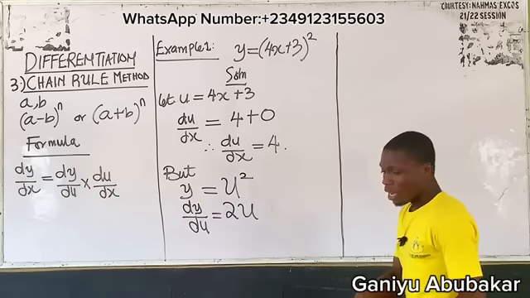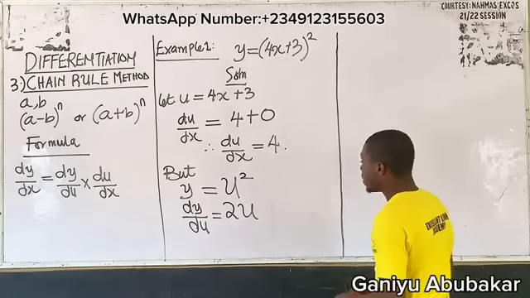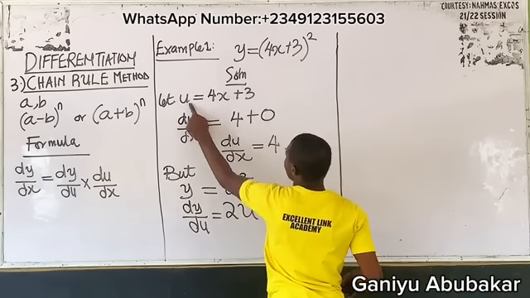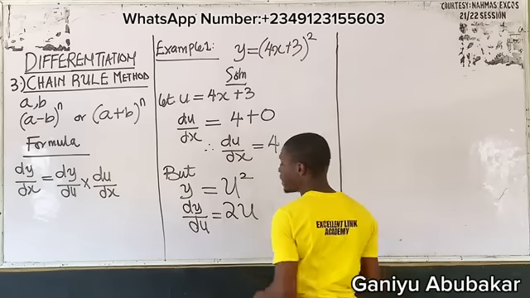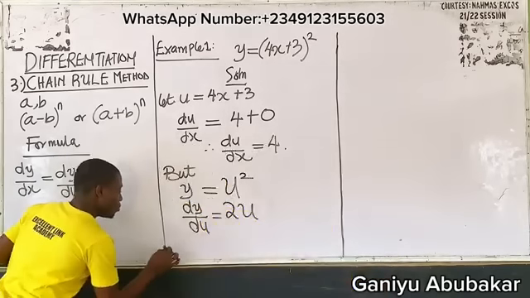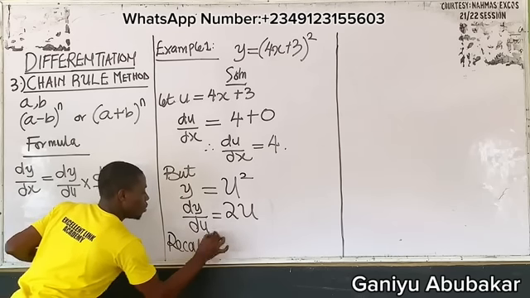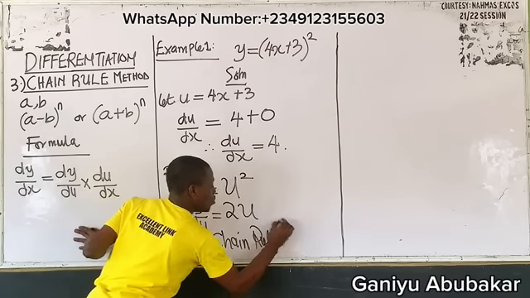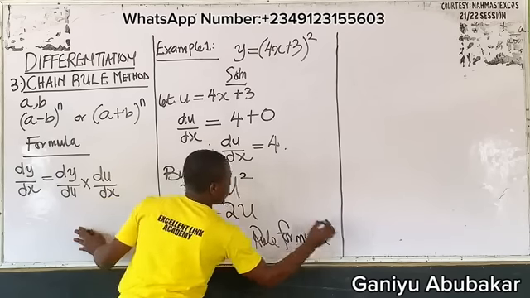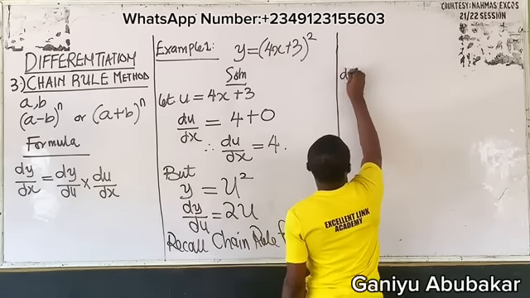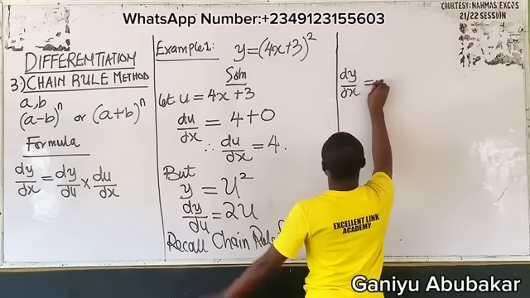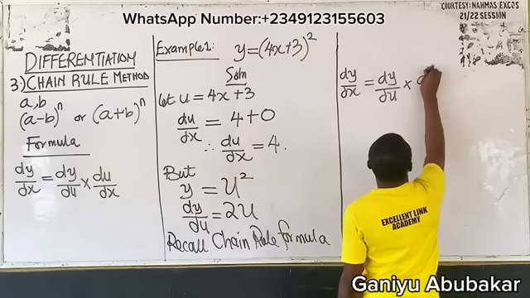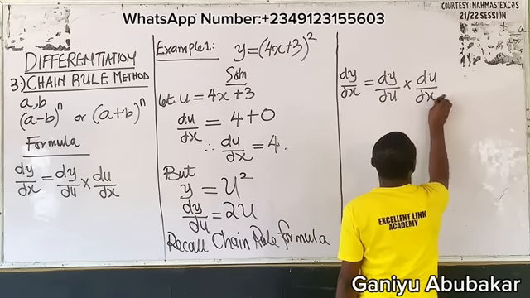Proceeding from here, I've gotten these two ready. Now at this junction, after saying that y is equal to u squared, I differentiated. Next thing here is, recall the chain rule formula that says dy over dx is equal to dy over du times du over dx.